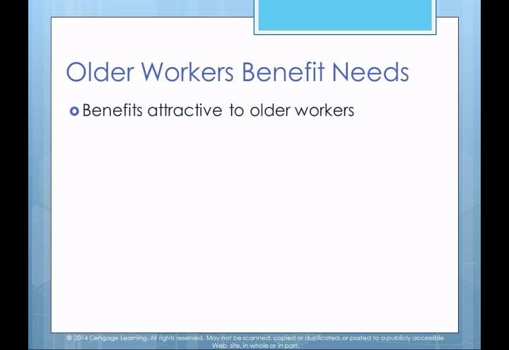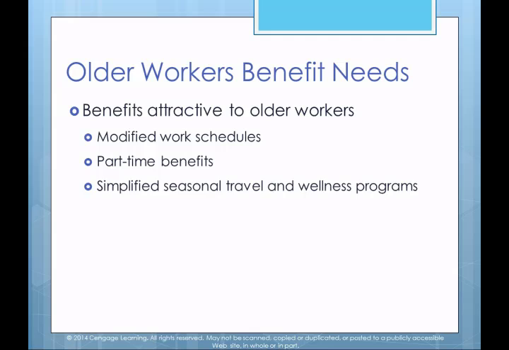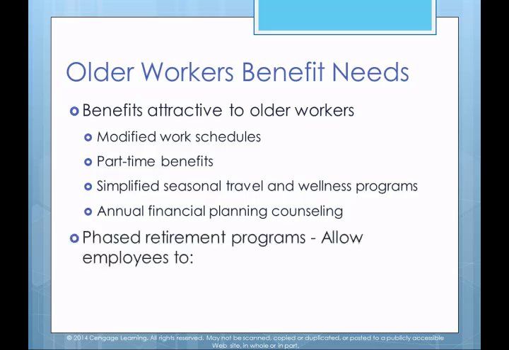Older worker benefit needs that are important to attract older workers are things like modified work schedules, part-time benefits, simplified seasonal travel and wellness programs, annual financial planning, and counseling to help them with retirement.